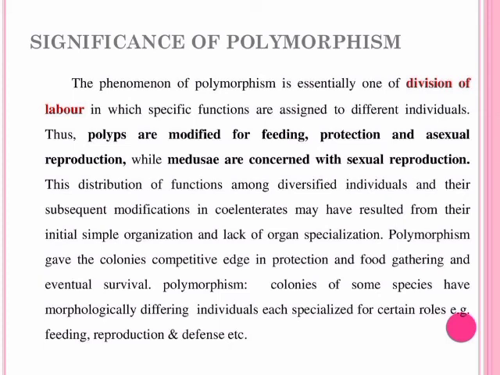This distribution of functions among diversified individuals and their subsequent modifications in cnidarians may have resulted from their initial simple organization and lack of organ specialization. Polymorphism gave the colonies a competitive edge in protection and food gathering and eventual survival. Polymorphism. Colonies of some species have morphologically differing individuals, each specialized for certain roles, for example feeding, reproduction, and defense, etc.